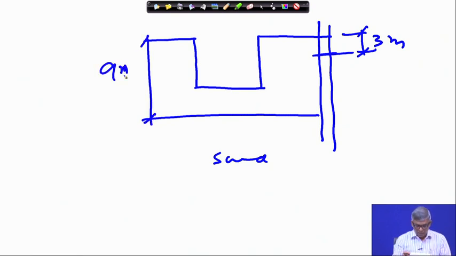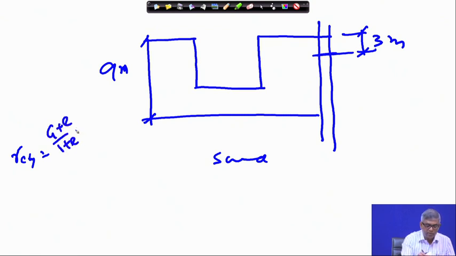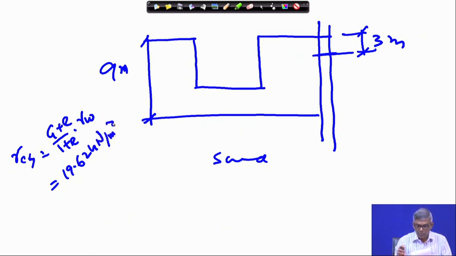Now, gamma clay is not given, so we are considering G actually, considering saturated. So, it will be (G plus e) by (1 plus e) into gamma w, and if I do that, that gives you 19.62 kilonewton per meter cube.